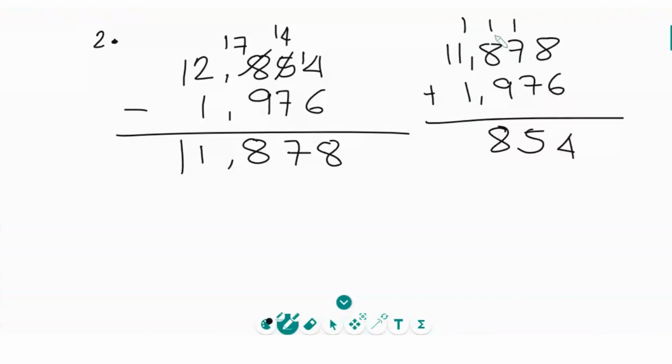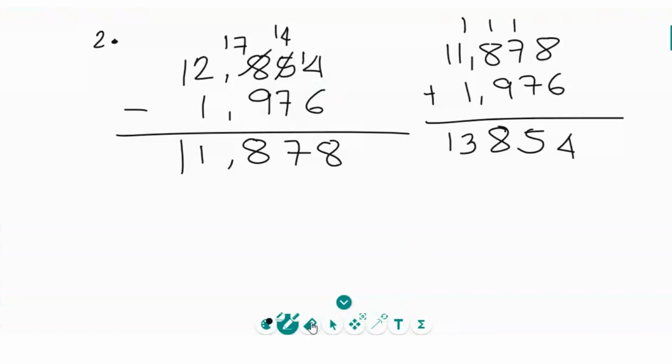Wait a second. 18 carry over 1. So 1, 2, 3. And we have here 1. Okay. Wait a second. So we didn't get 12,854. Well, wait a sec.